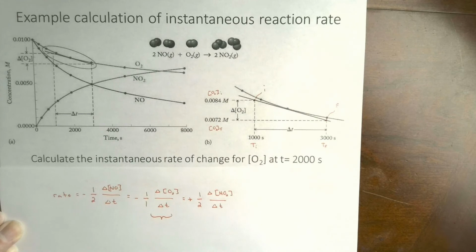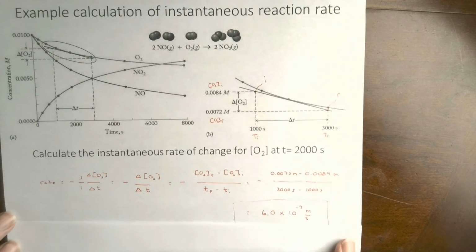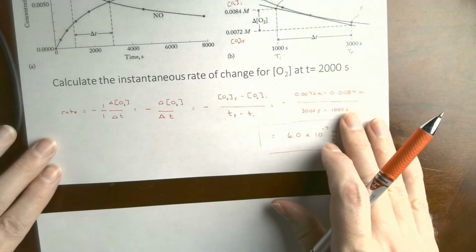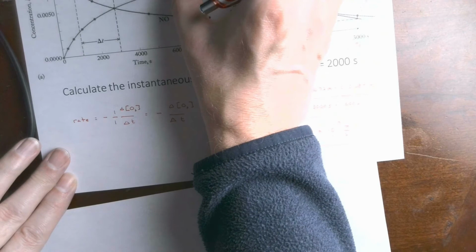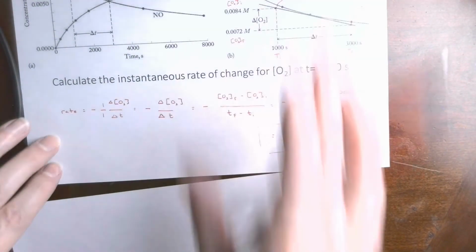So if we go back and we look at the problem that we did, and I'm going to move this up just a little bit so that we can see. Sorry.